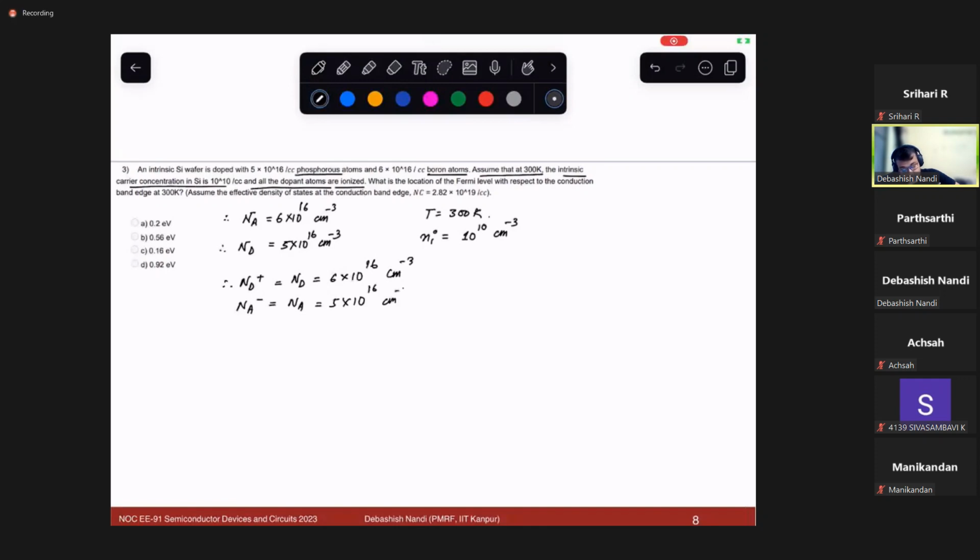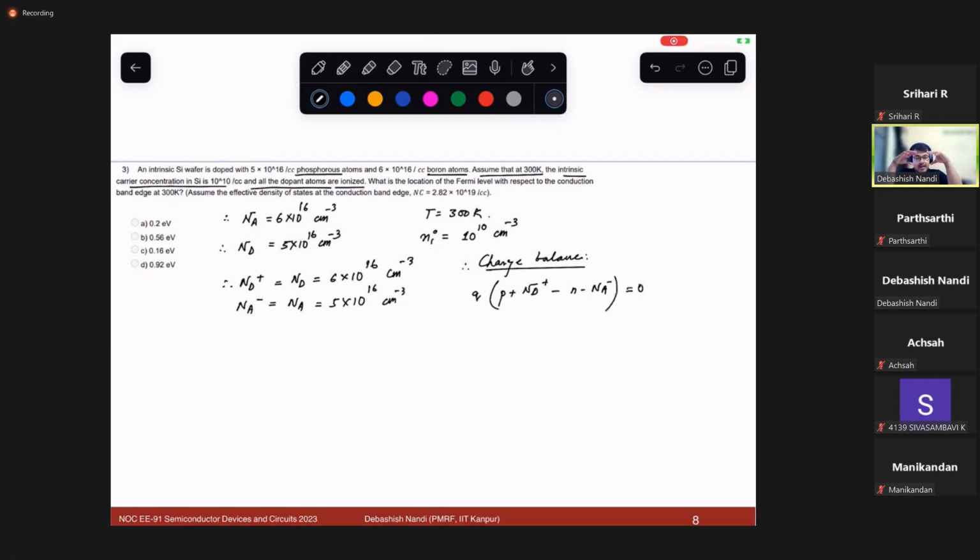So from charge balance, what is the charge balance equation? Q of (p plus Nd plus minus n minus Na minus) equal to 0. Why do I do that?